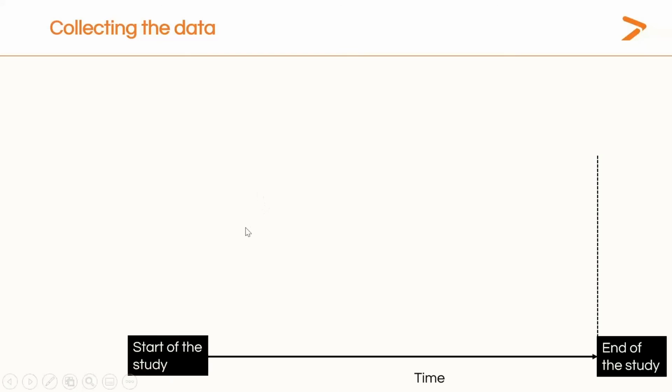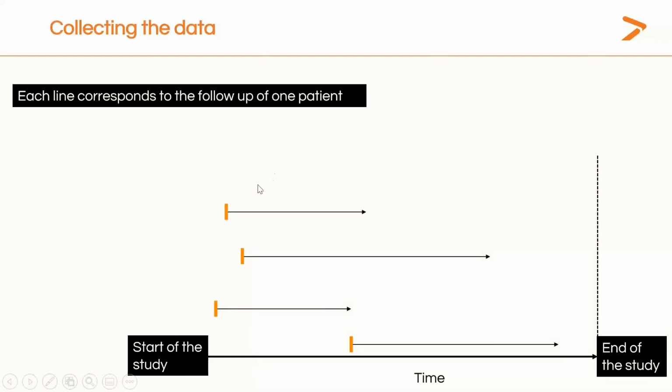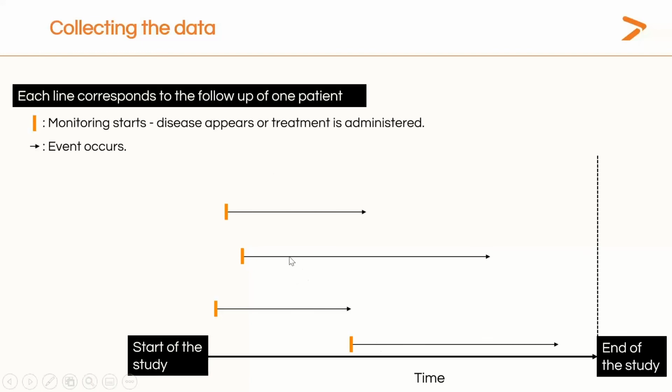How do we collect the data now? You have a start and an end of the study along a time frame. Each line here corresponds to the follow-up of one specific patient. The orange dash means that the monitoring starts for this patient. It means, for instance, that the disease appears or the treatment is administered, and we follow up the patient until the event happens. So the event occurs at the end of the arrow here.